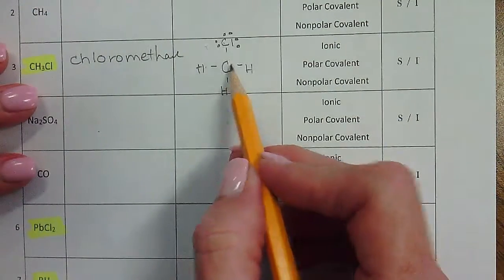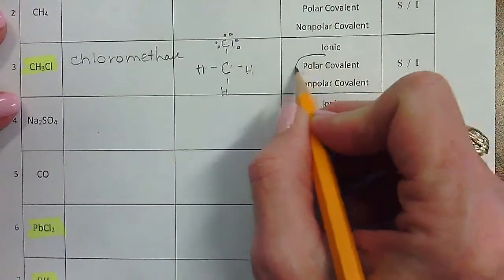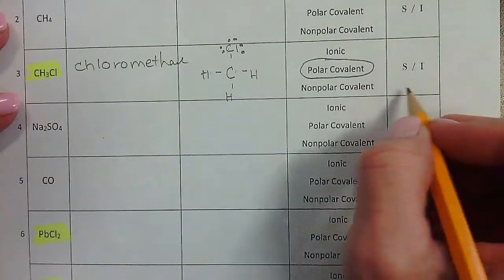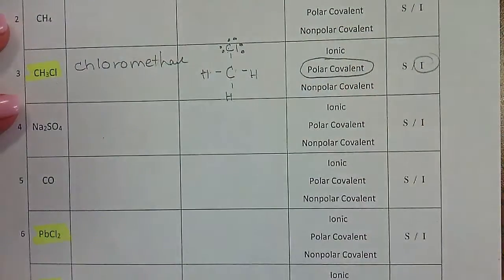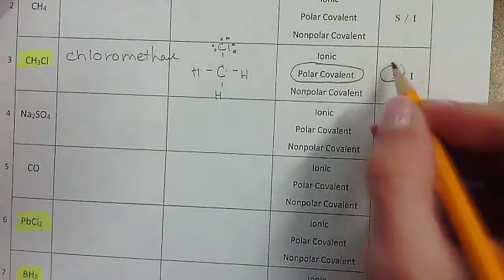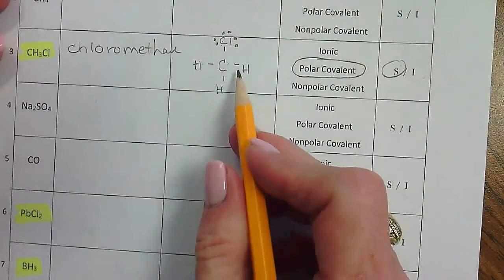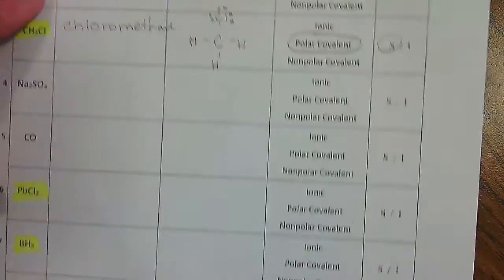Well, there's not a lone pair on carbon, but there are different things bonded to carbon. So this ends up being a polar covalent compound. And since it's polar, remember like dissolves like, so it is soluble in water. Polar will dissolve polar. And if chloromethane is polar, that means it will dissolve in water.